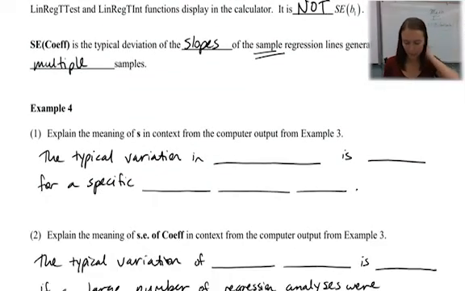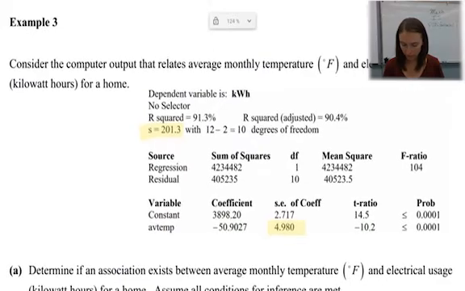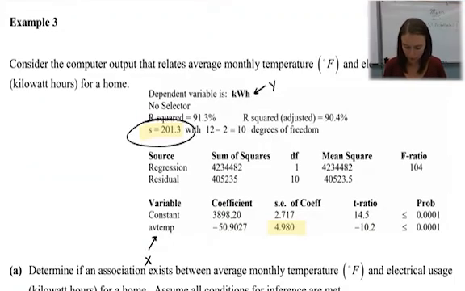Example 4 says, explain the meaning of S in context from the computer output in example 3. Let's go back and look at example 3 really quick. We have average monthly temperature in degrees Fahrenheit and electrical usage in kilowatt hours for our home. So kilowatt hours is our Y, average temp is our X. S, which is here, is 201.3.